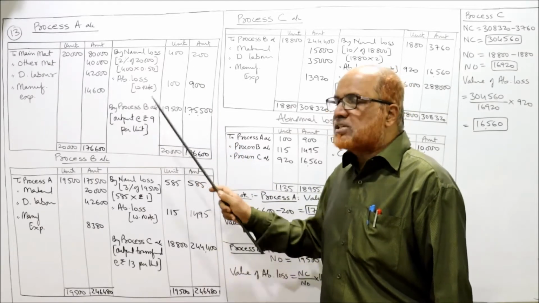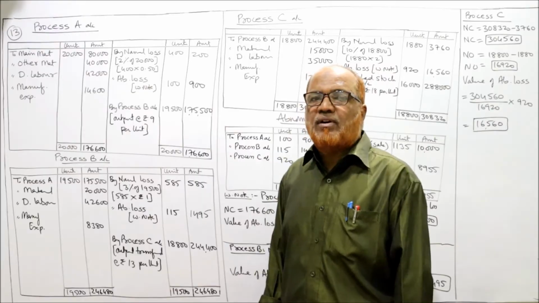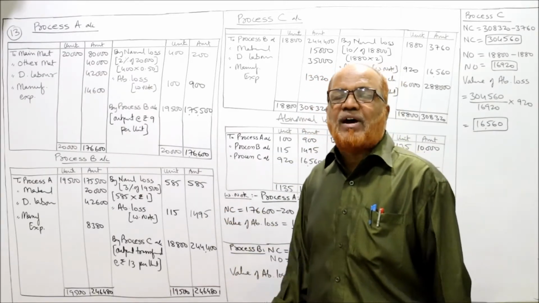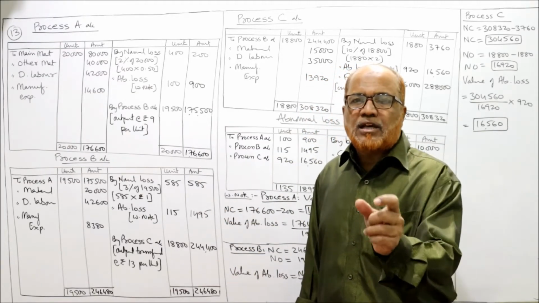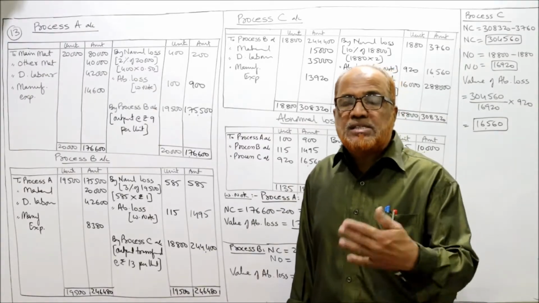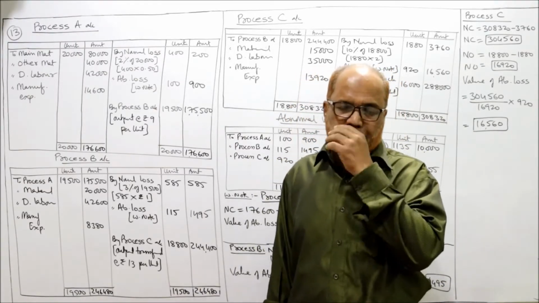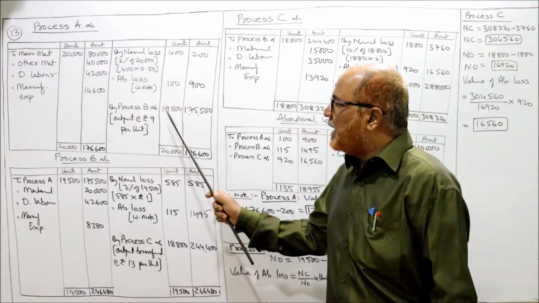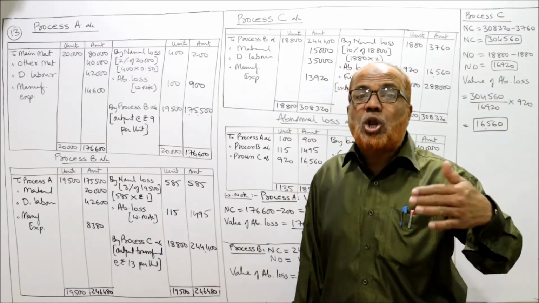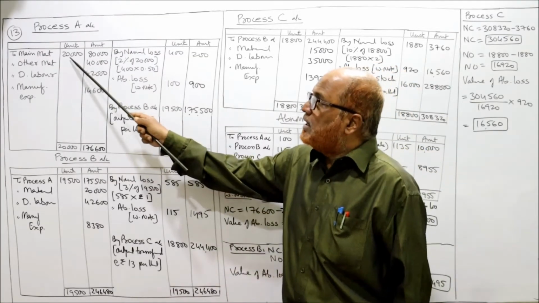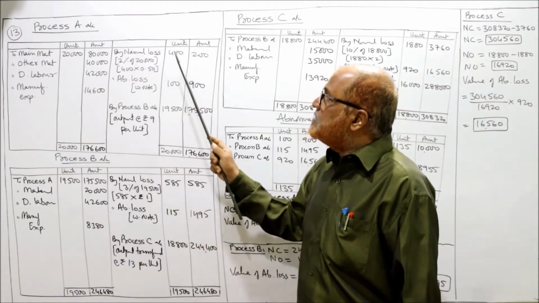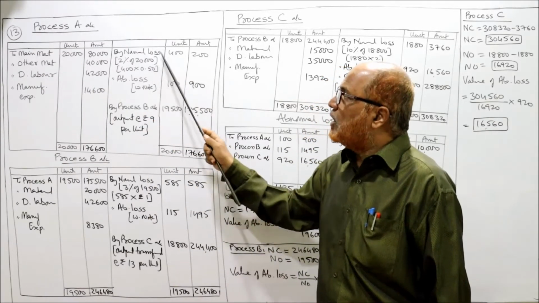Now, by process B, the output given in this process is 19,500. Now we'll see whether there is abnormal loss or abnormal gain. Actual output 19,500. What is the normal output? 20,000 input and 400 units are the normal loss.